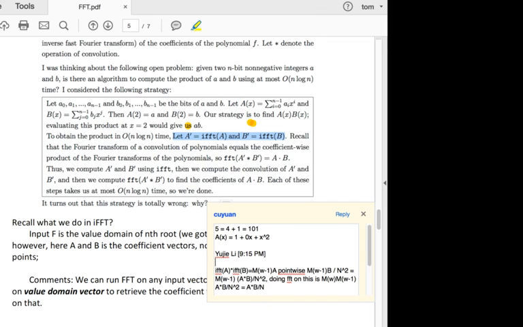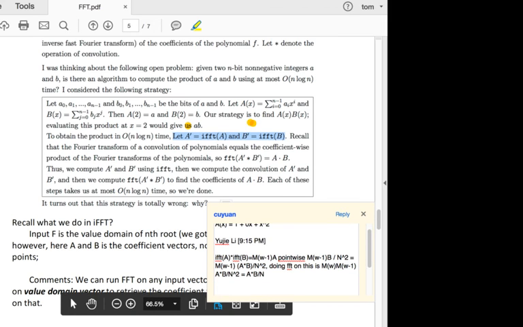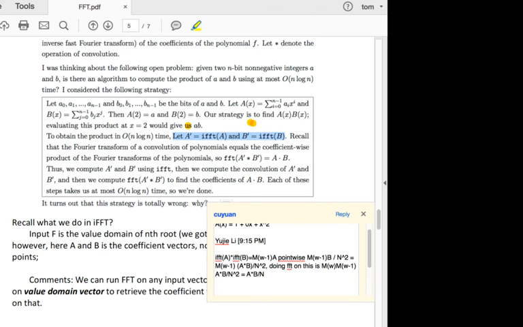The problem in the strategy should be that here we have n squared, but when we do the FFT back, we just multiply by n, not n squared. So maybe here is a problem of the strategy. But anyway, I believe Yujie will give you a better solution for this problem on Thursday.